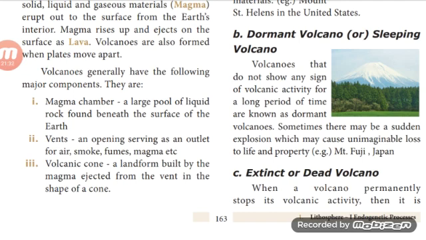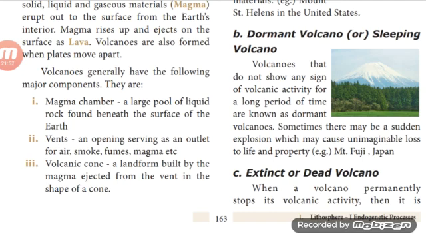Can you understand? Second term, vent. Vent is nothing but the opening through which air, smoke, fumes, magma, etc. may come out on the surface of the earth.